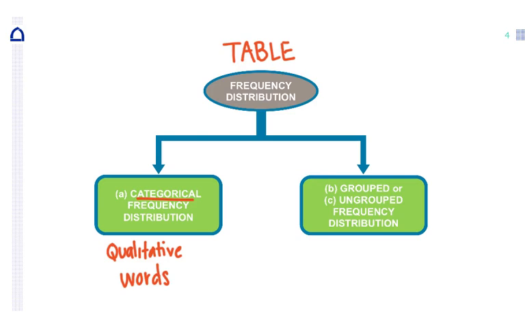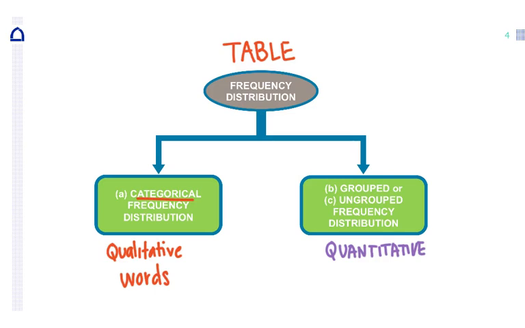And when we have quantitative data, we will make either grouped or ungrouped frequency distributions. Quantitative data, remember, is when the answers we collected were numbers.